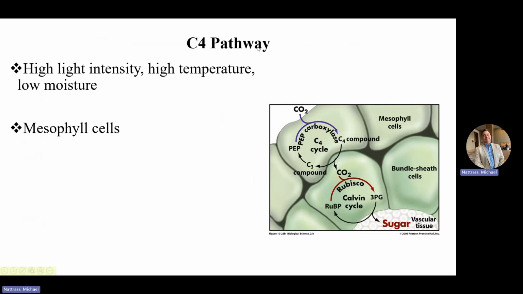The C4 pathway occurs in the mesophyll cells. We have this PEP carboxylase. This PEP carboxylase is very important in C4 plants.